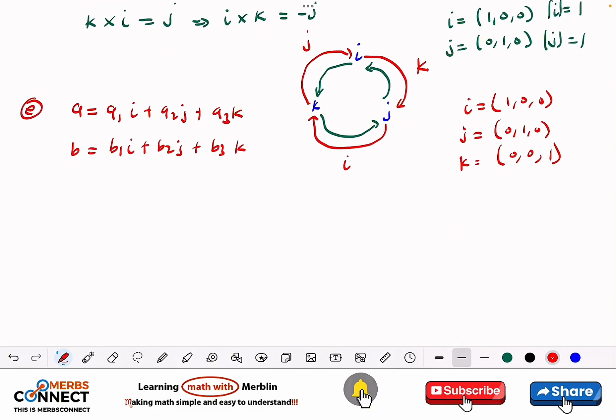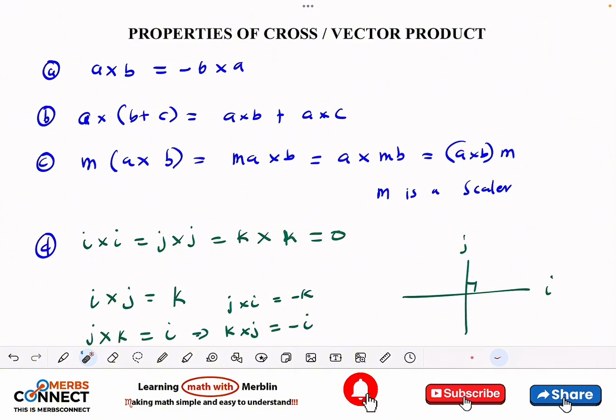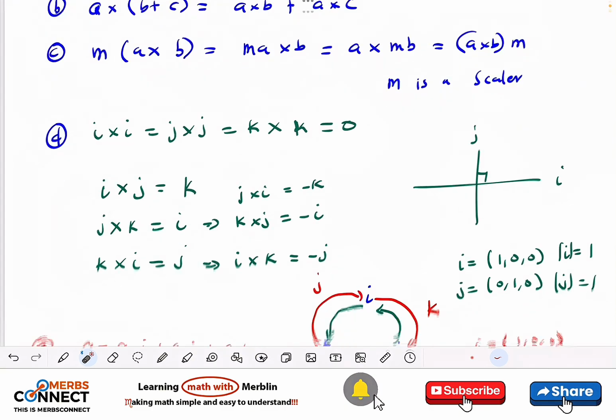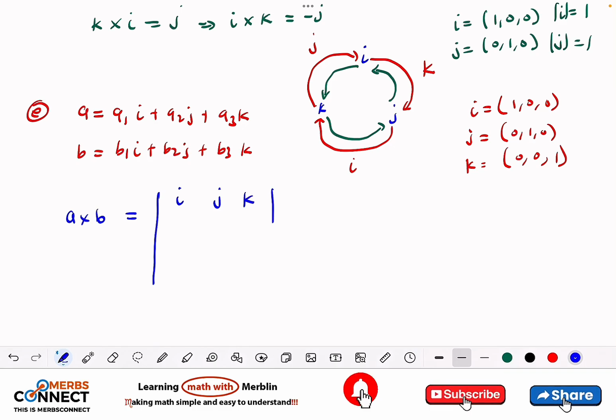Then the question is, what is a cross b? We actually saw that a cross b is this, but we want to move in a different way so that we can solve it. So anytime we have a cross b, we have i, j, k, the directions, right?